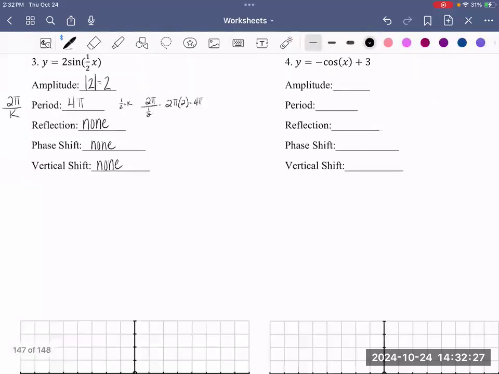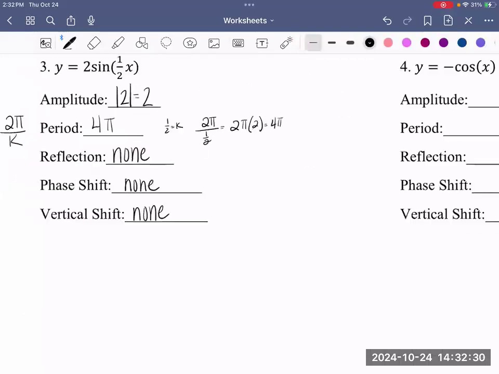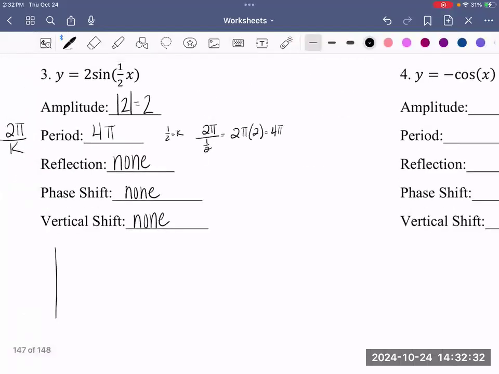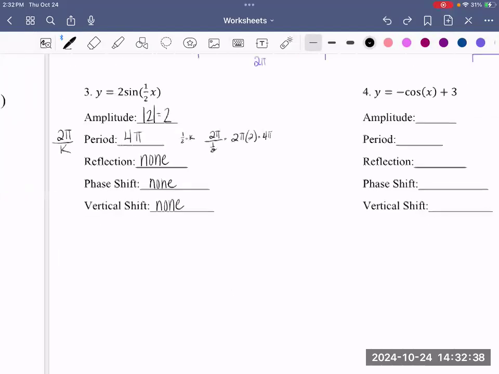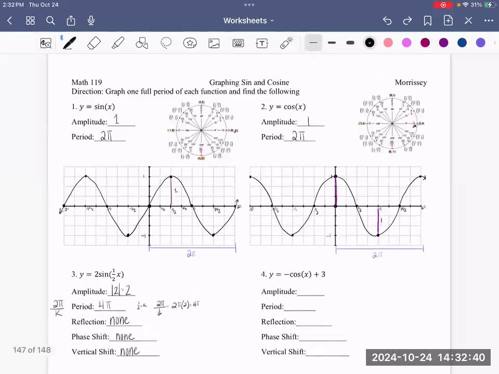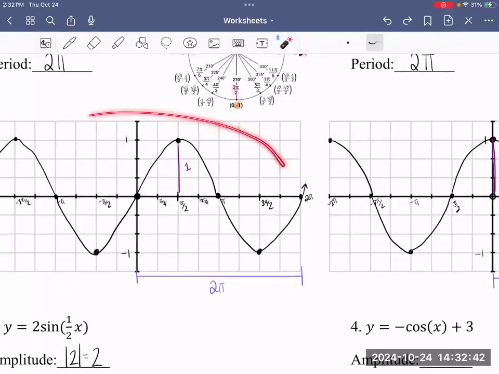Now, when it comes to your graph here with your sine function. Keep in mind, typically this is what your sine graph should look like.